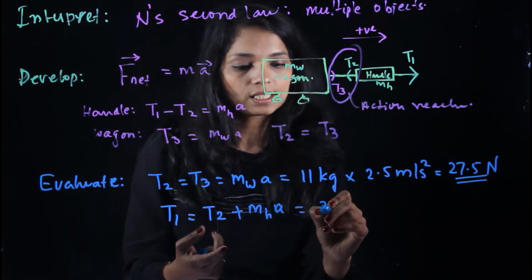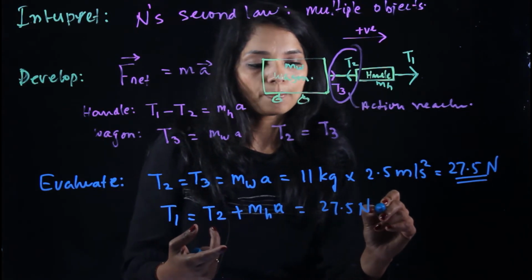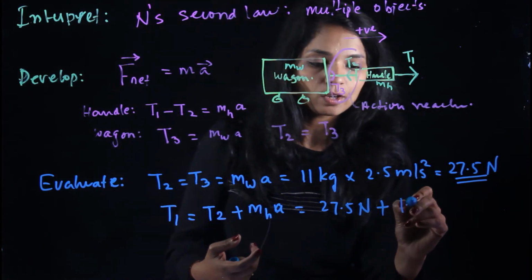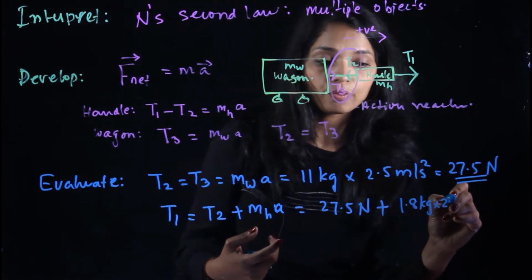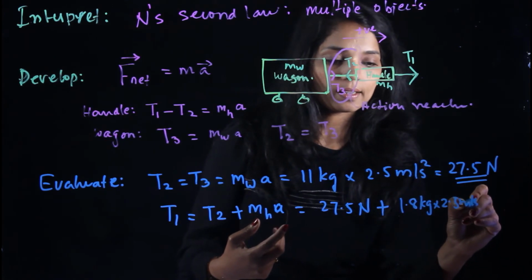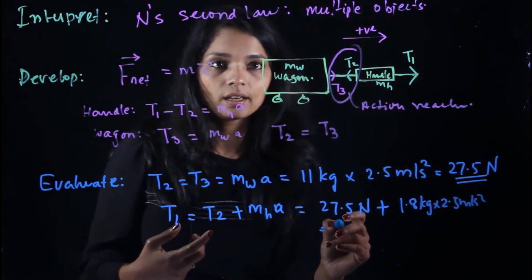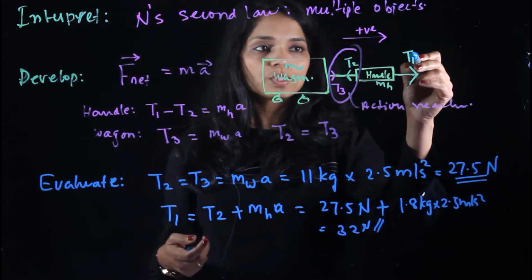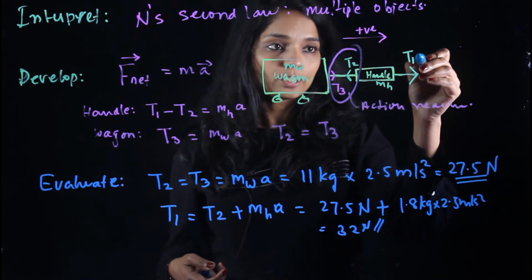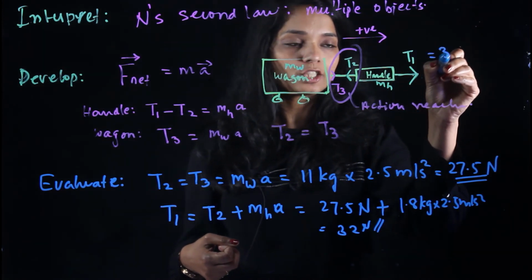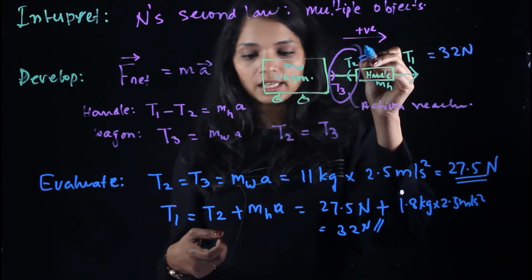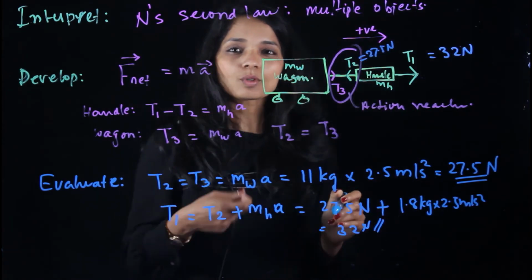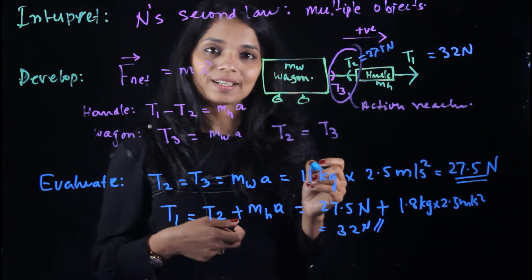T2 is 27.5 Newton plus the mass of the handle, 1.8 kilogram, times 2.5 meter per second squared, and the answer is 32 Newton. So now we have T1 and T2, the forces acting on the two ends of the handle. T1 is 32 Newton and T2 is 27.5 Newton.